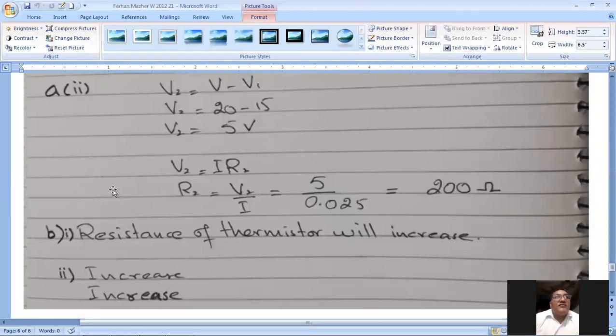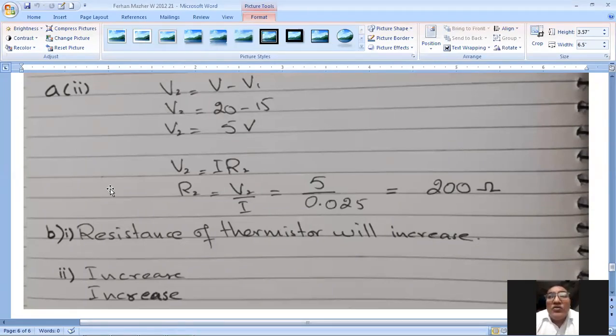The V2, the voltage drop across the thermistor, will be equal to the voltage of the battery minus the voltage taken by the 600 ohm resistor. So 20 minus 15, so 5 volt. The current flowing through the resistor we know is 0.025 amp.